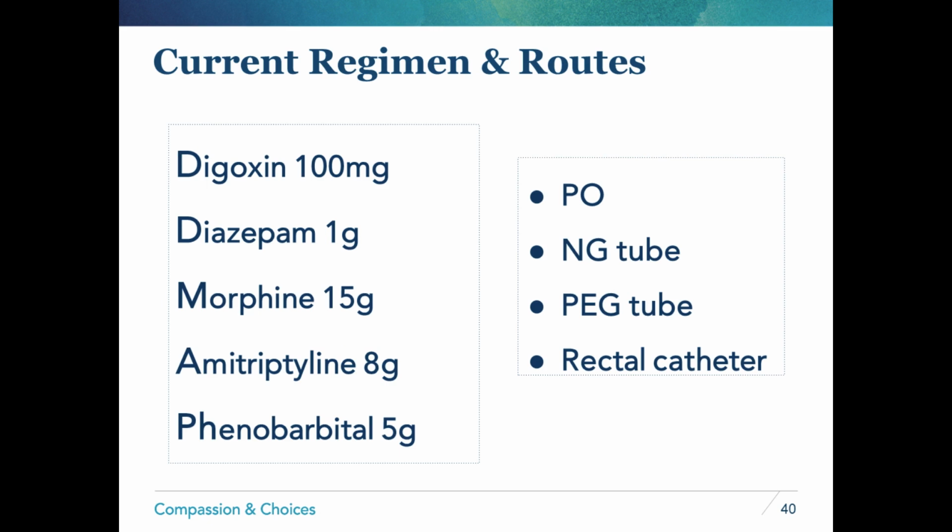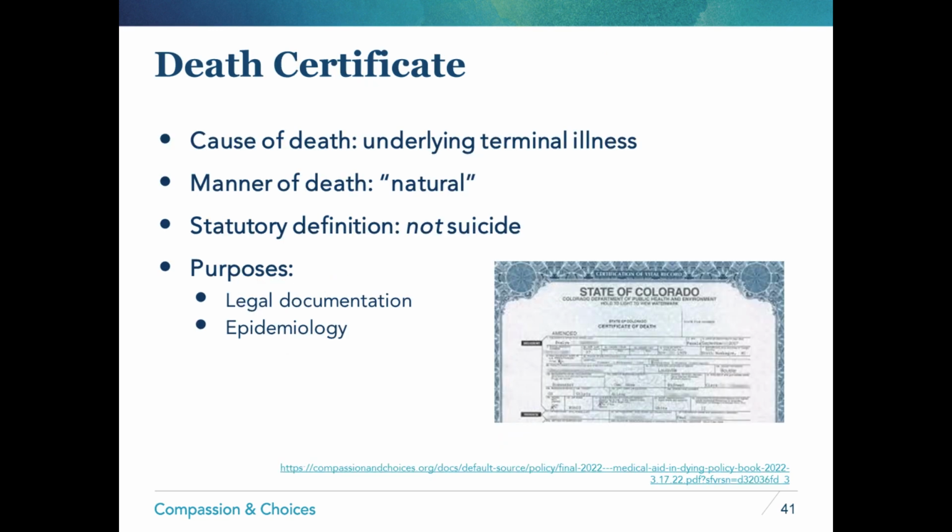This is the current regimen. This is an evolving science, absolutely. This is the current regimen that we are recommending. People can take it by mouth, by the NG tube, through a PEG, or through the rectal catheter, as long as the person self-administers. When someone is completing a death certificate for a patient who has completed medical aid in dying, it's always the underlying terminal illness that's reported as the cause of death, the natural death.